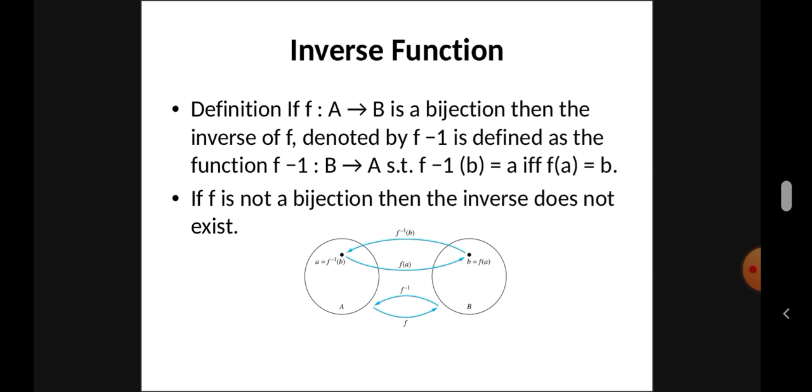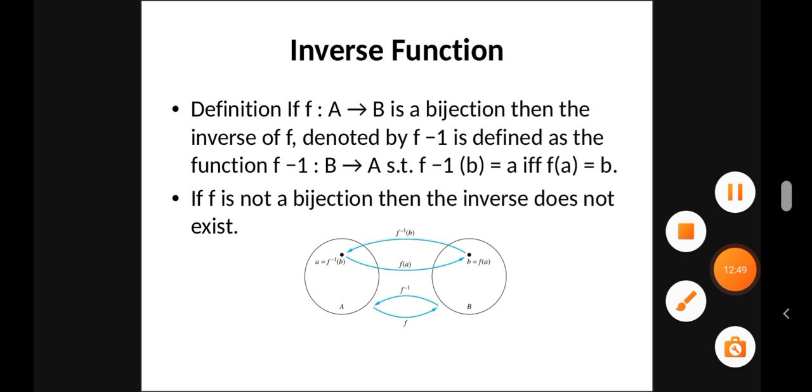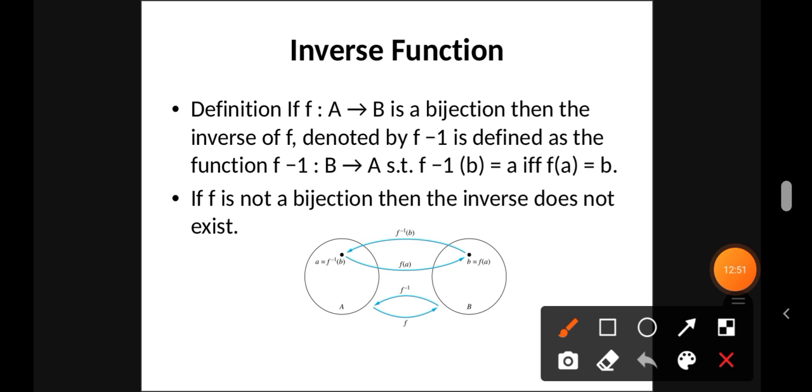Definition: if f from a to b is a bijection, then the function of f denoted by f raised to minus 1, that is what we call inverse, and it is defined as the function f inverse from b to a such that f raised to minus 1 of b is equal to a if and only if f of a is equal to b, and if f is not a bijection then the inverse does not exist.